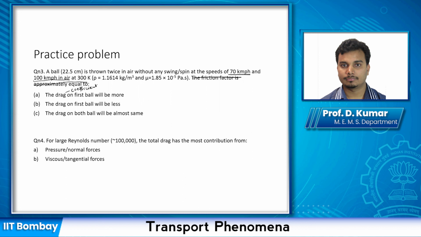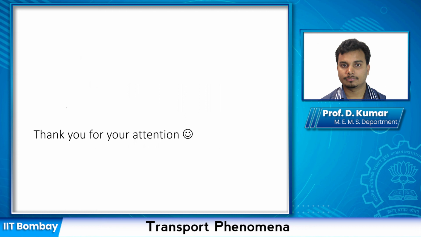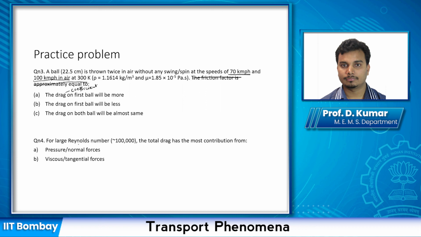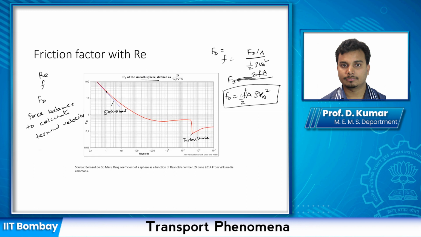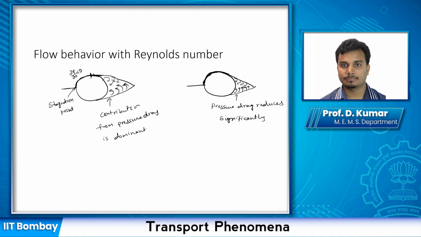In the last one, for large Reynolds number, the total drag has most of its contribution from normal forces or tangential forces. I'm not talking about turbulent boundary layer condition in this case. It's a laminar boundary layer, but the Reynolds number is very large. So that answer can be taken from the size of the wake, for example, here.